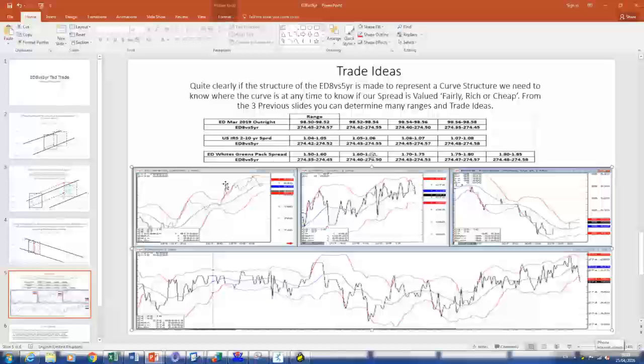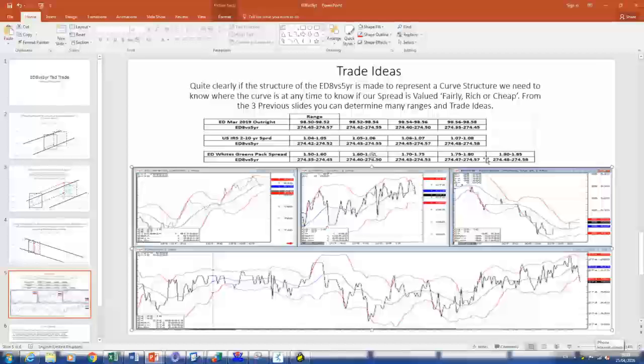So this is where the market was. If you look, this is our TED spread down on the bottom. It's 274.56. That's this price here. I apologize about the graphics. 274.56. And then our white screens pack spread, I know you can't see it, is 180.